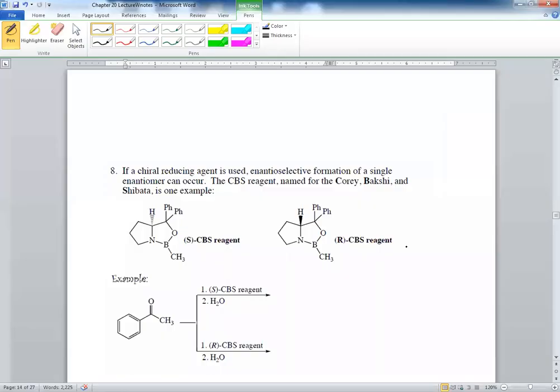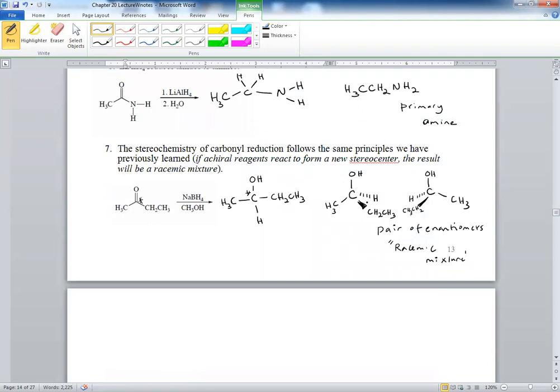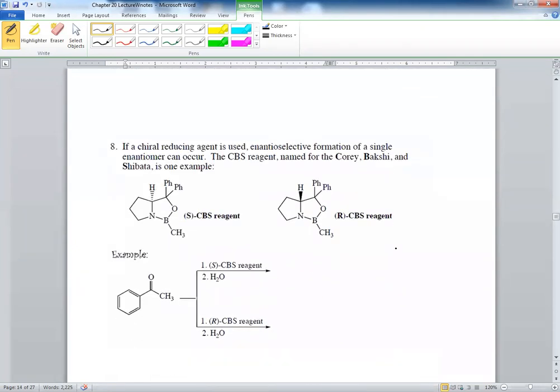If we use a chiral reducing agent, we get what we call an enantioselective formation. Enantioselective means it's going to give you one enantiomer. The majority, almost 99%, will be a product that is one enantiomer. Either, let's say, this one, 99%, and 1% of that, or even more. So an enantioselective formation of a single enantiomer can occur.